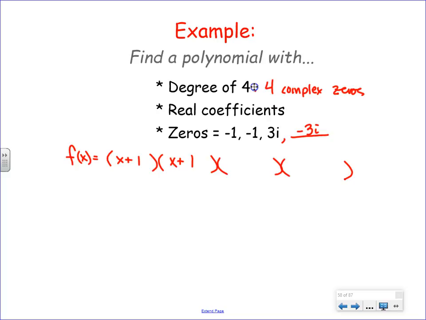Plug it in. How do we plug in negative 1? Getting there. Nice job. Right now I was just thinking x minus 0. We did x minus negative 1 was x plus 1, x minus negative 1 plus 1, x minus 3i, and x minus negative 3i.